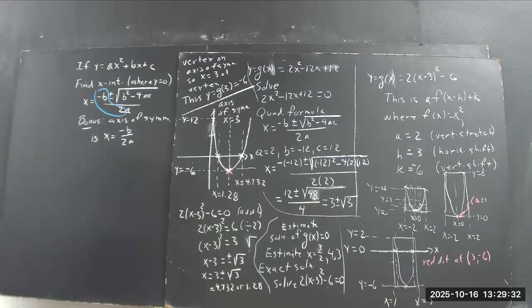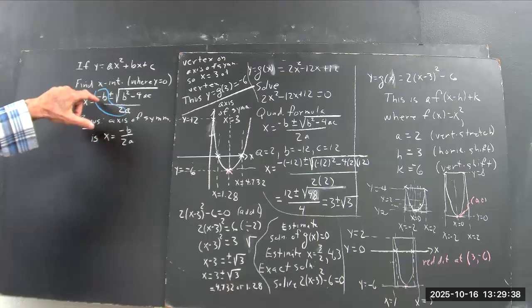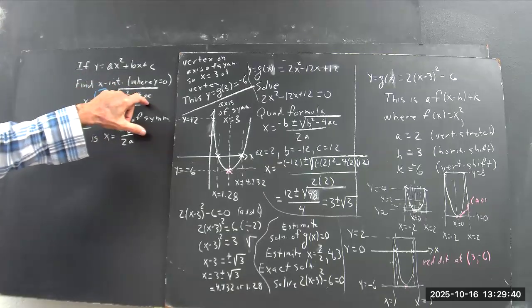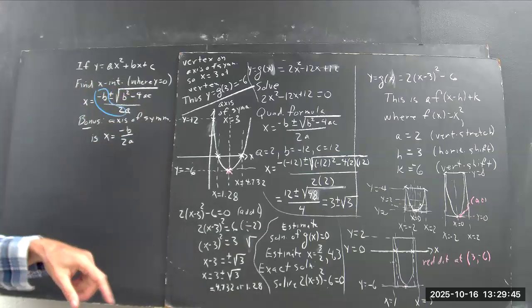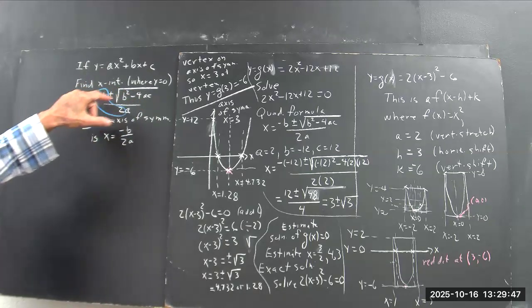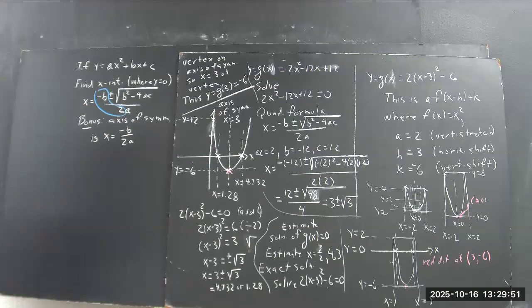Okay. And why is that the axis of symmetry? Because it's halfway between what you get if you do negative b plus the square root and negative b minus the square root. There's the nose, there's the right ear and the left ear. The nose is halfway between.